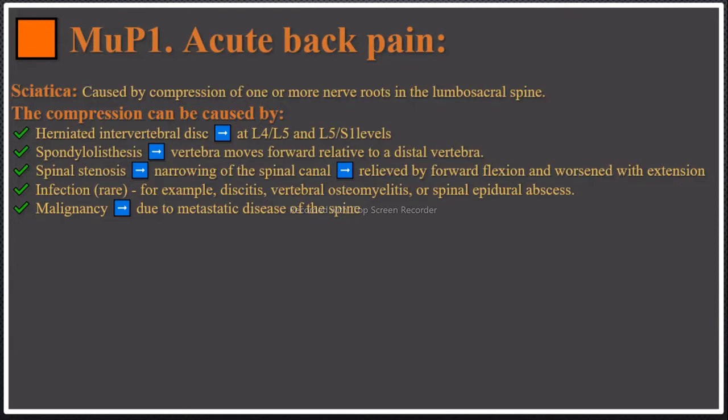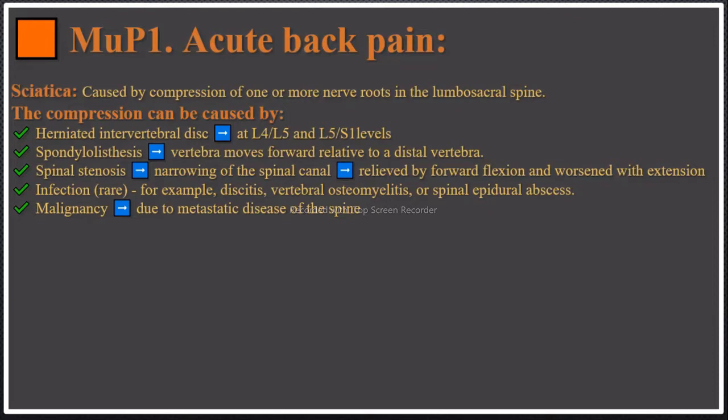So maybe he has a tumor in the spinal cord, compressing the spinal cord, and this one is primary. He doesn't have any other malignancy in other parts of the body.